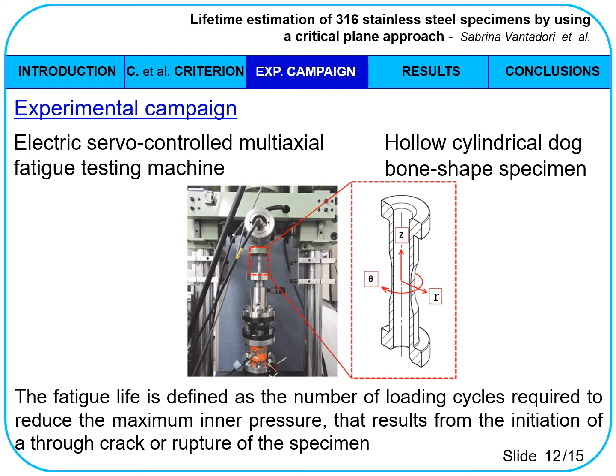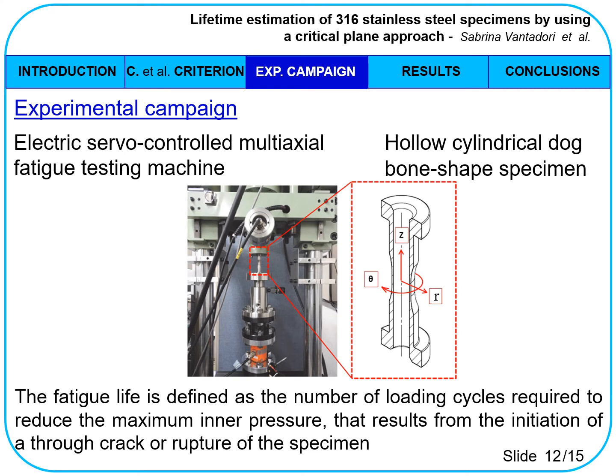The testing machine used is an electric servo-controlled multiaxial fatigue testing machine. The actuator on the upper side is used to apply the inner pressure, whereas one of the two actuators on the lower side is used to apply axial loading.